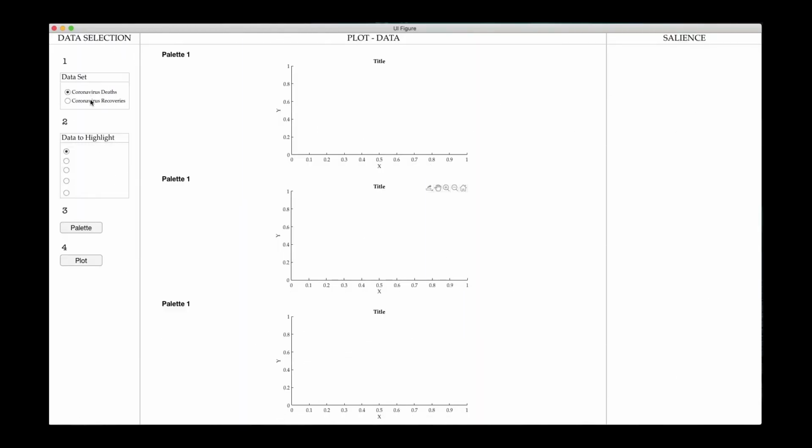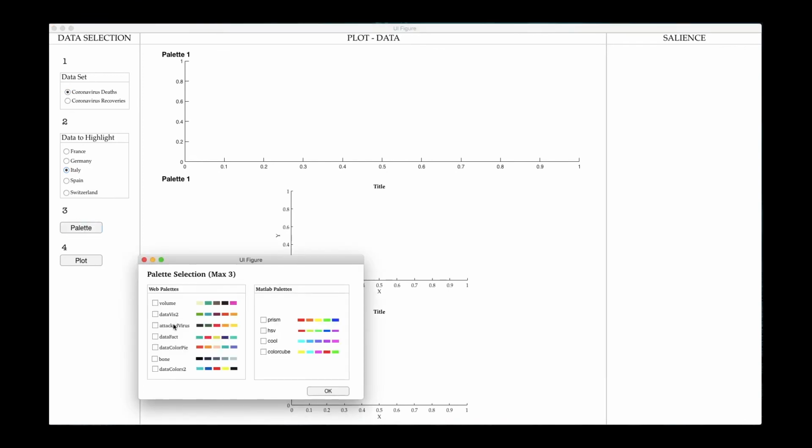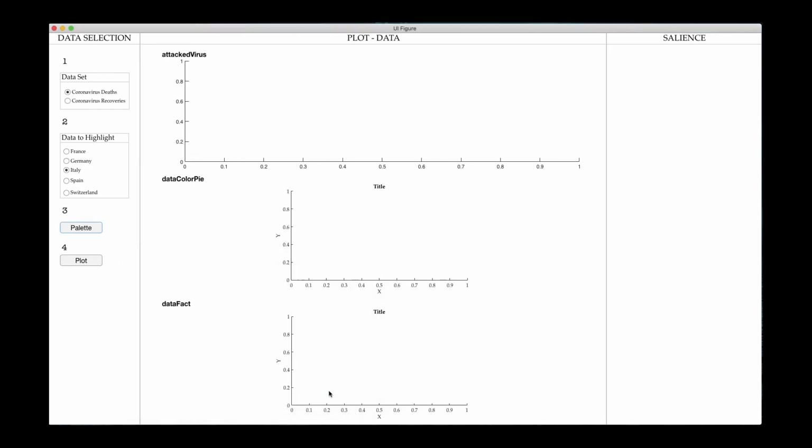The first approach helps the graph designer in the selection of the most suitable graphics to meet their data attention objective. First, the graph designer must select the data subject to be highlighted, in this example, Italy. The next step is to choose some possible color palettes, three in the example, that the graph designer wants to use on her chart. After that, she can execute the algorithm.